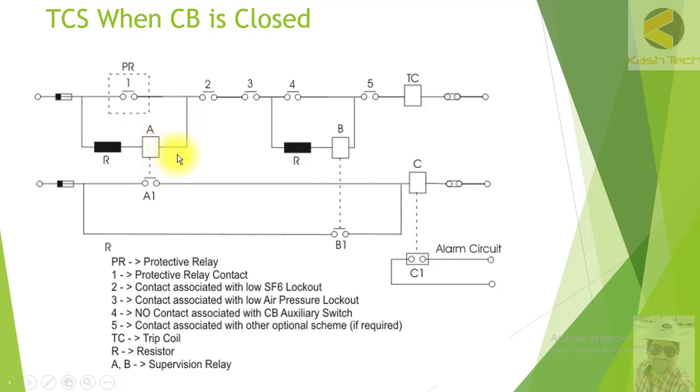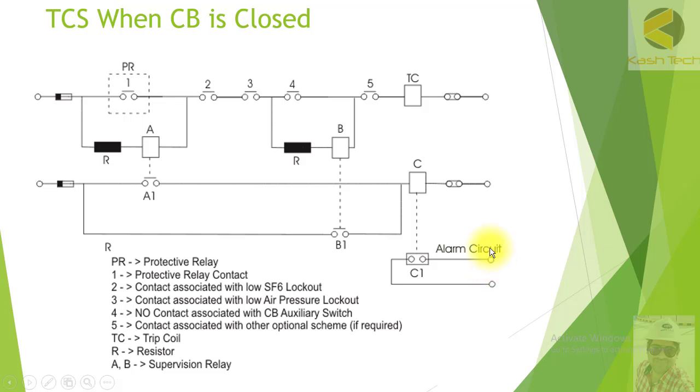So in this case you can see that trip circuit supervision is not only monitoring the healthiness of tripping coil, tripping wires, but also what we have done here is that we have put the normally open contact of the SF6. If SF6 is low, again the alarm circuit will be on, this will be de-energized, A1 will be open, and the coil C will be de-energized, and you can see here that the contact C1 alarm contact, because it is normally closed, when the coil C is de-energized it will close and it will initiate the alarm.